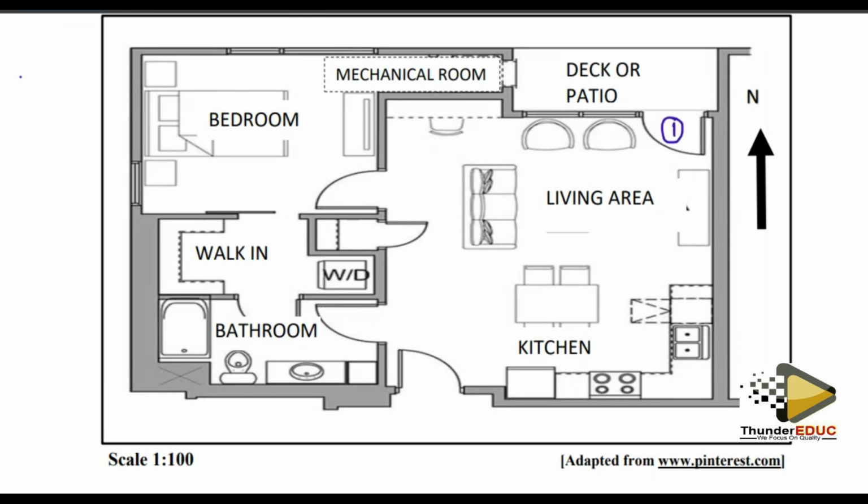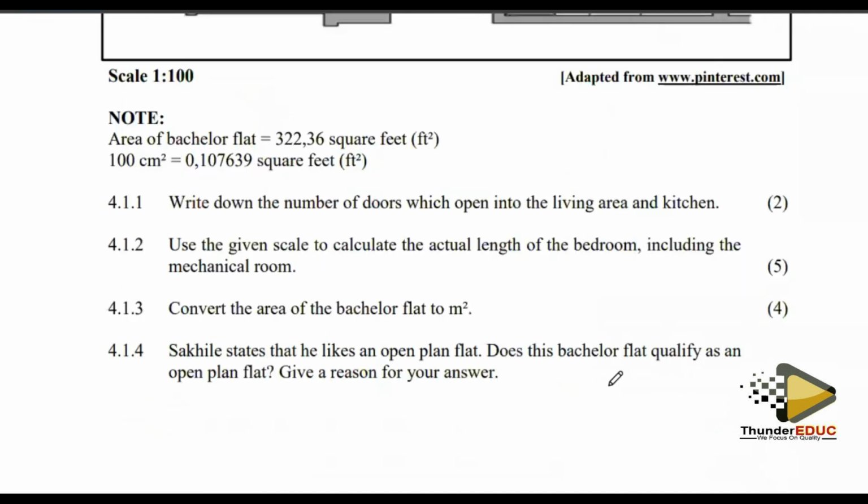It's opened into the living area. We have two. That's opened into the living area. And we have three that has opened into. We need those that go inside this space here. So here the answer becomes 3. There are 3 doors.